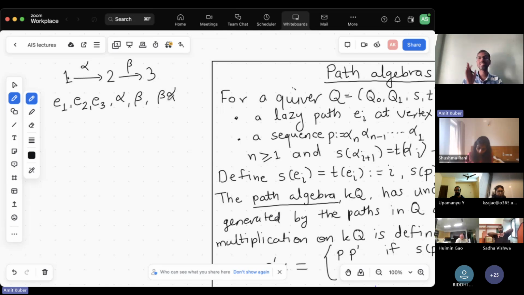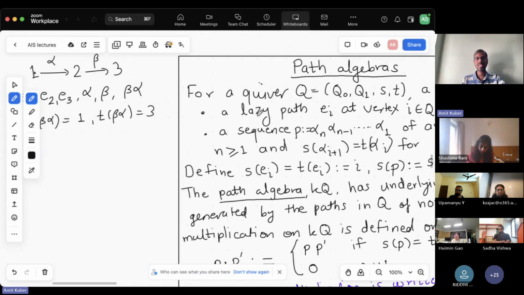So the corresponding algebra will be 6-dimensional, because there are 6 paths. So what is the source of beta alpha? 1. Yes, and target of beta alpha is 3. Okay, thank you. So this is precisely what I have written over here. Nothing fancy.